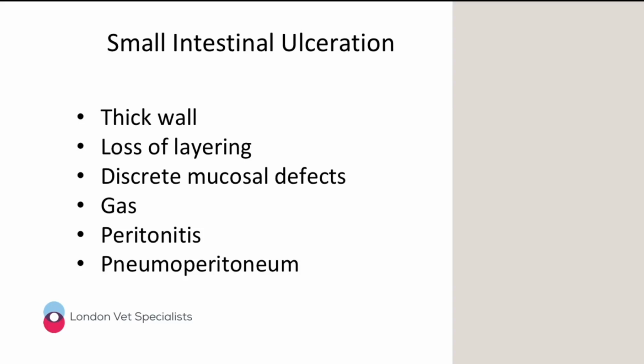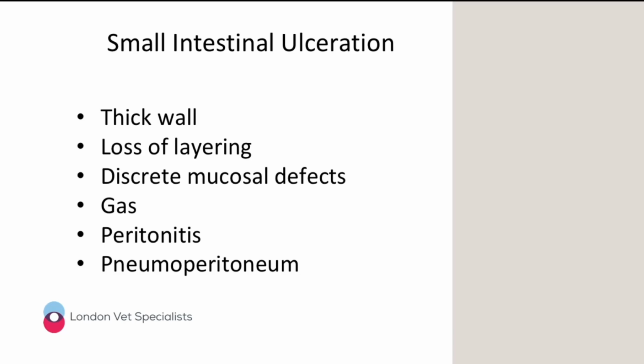So small intestinal ulcers certainly can be a reason for a patient presenting with an acute abdomen, a septic peritonitis, particularly if they rupture. And just like with the gastric ulcers, what you'd expect to see is a thickened intestinal wall. You'll see some loss of wall layering. You might see some discrete mucosal defects.